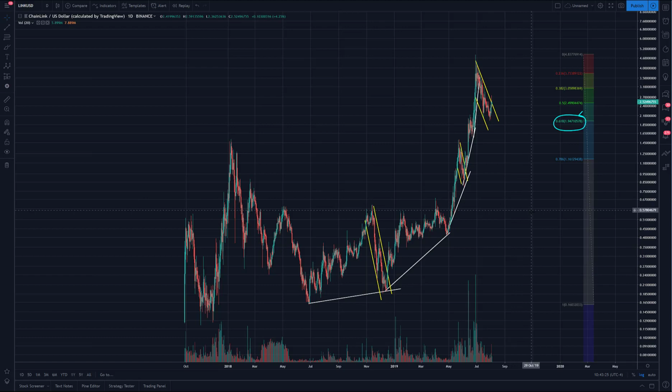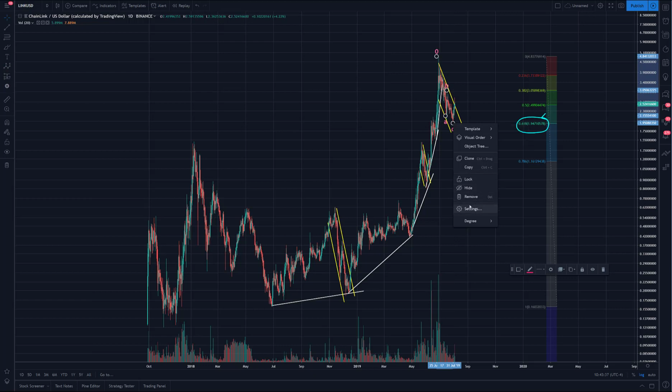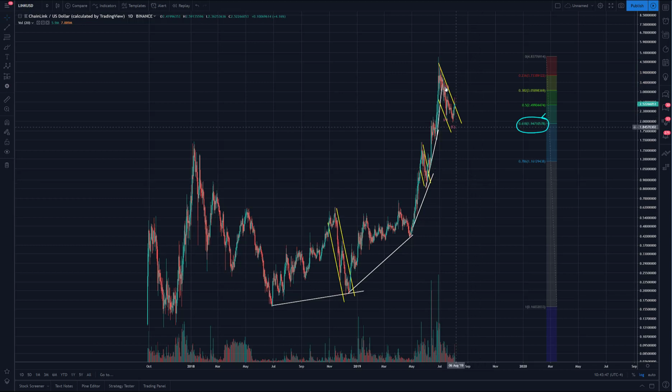So what I would say is that the primary count could show that the ABC correction, the requisite correction, could be complete. And if that's the case, then we would likely see higher highs. However, let's say that this isn't complete and the breakout is really giving just a B wave bounce.